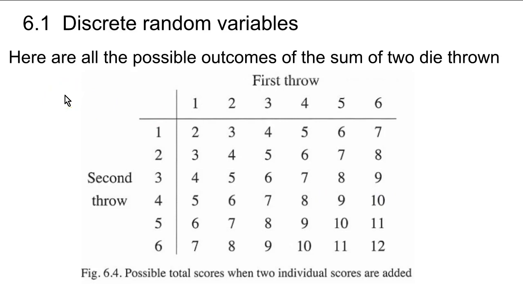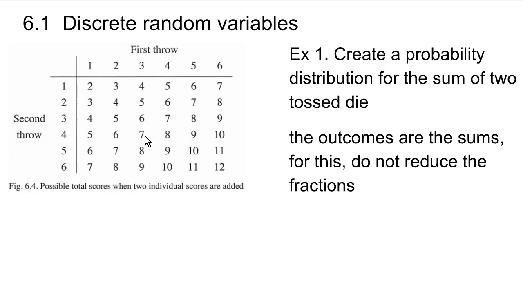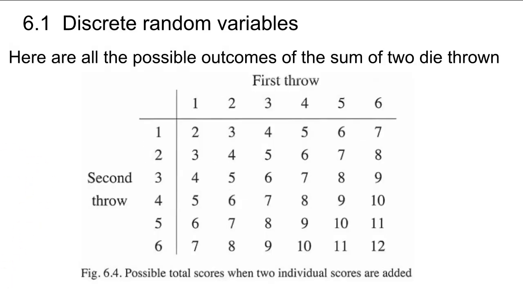So here's a little example. If I take 2 dice and throw them, this table shows all the different possibilities if I add up the sum of the 2 dice. For example, if I were to throw a 1 and a 1, the sum of those two would be a 2.